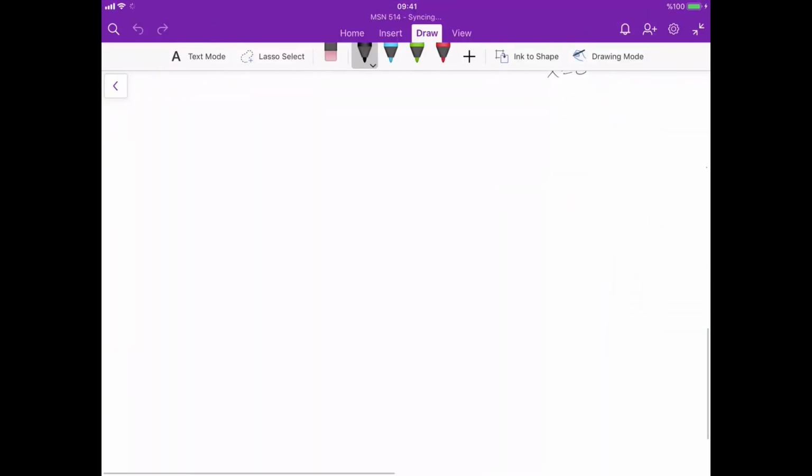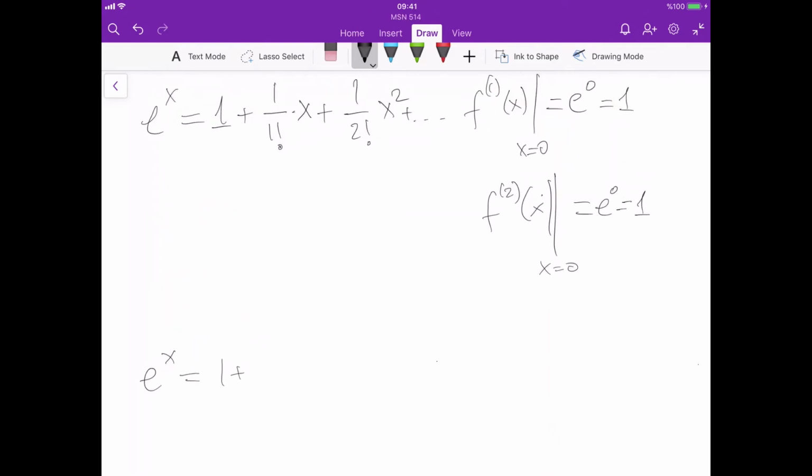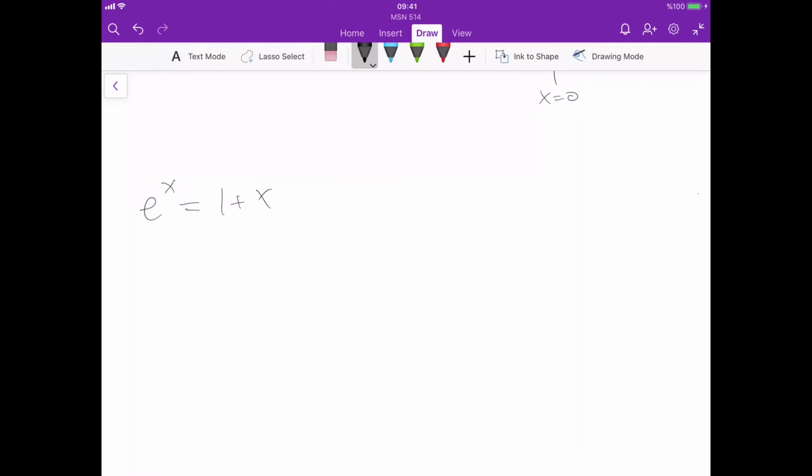So basically, e to the x is 1 plus, I already forgot, x plus x squared over 2 factorial, etc., right?